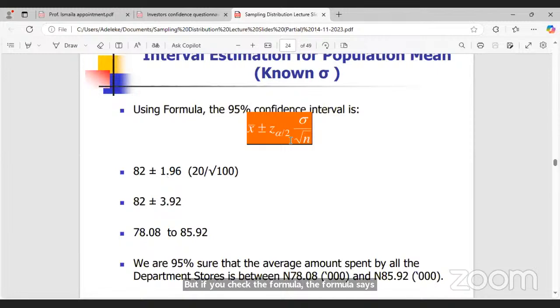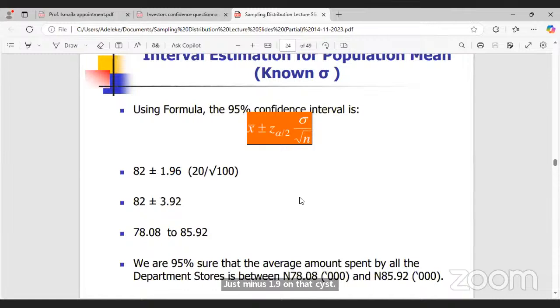If alpha is 0.05, 5%, and you divide it by 2, what will it be? 0.025. Now, your job is to look for the value of Z that corresponds to that 0.025. If you check the table, you will see that it is minus 1.9 under 6. Go and check it. You will get 0.025 there.